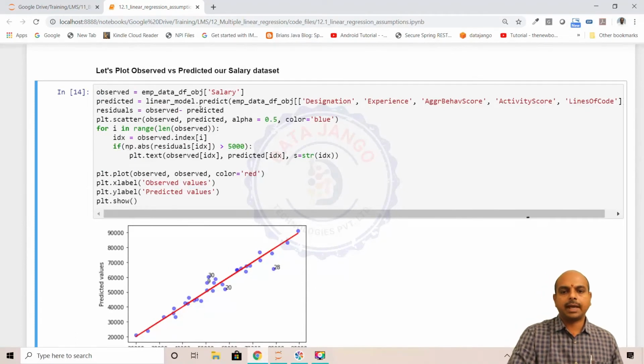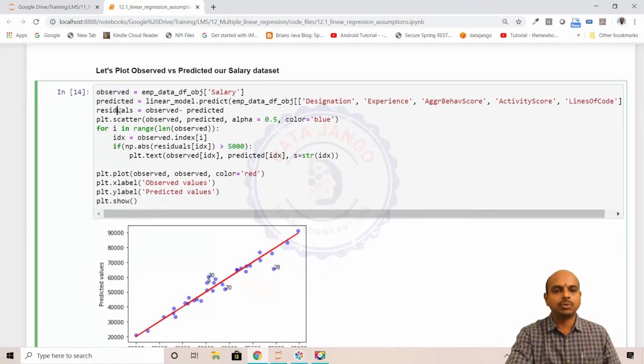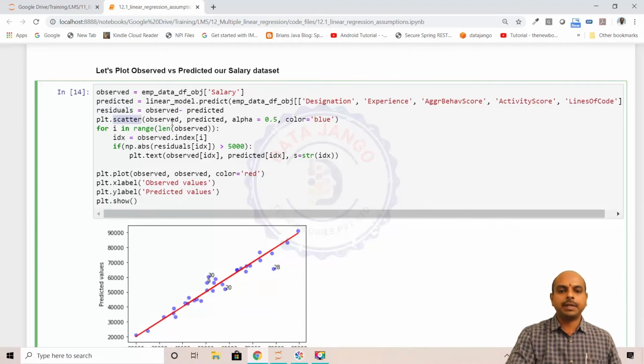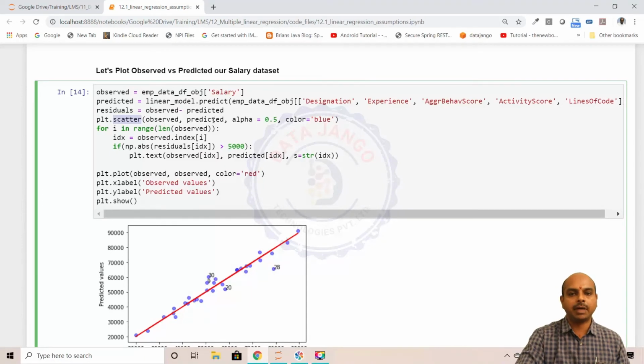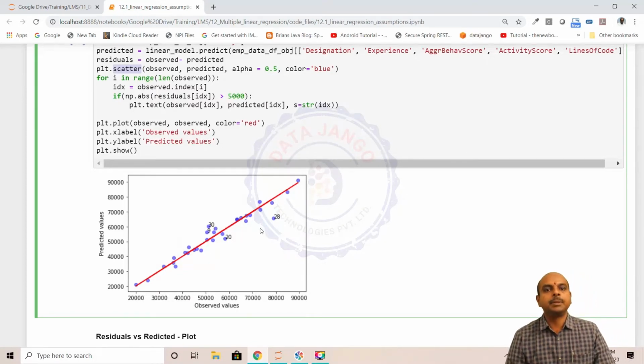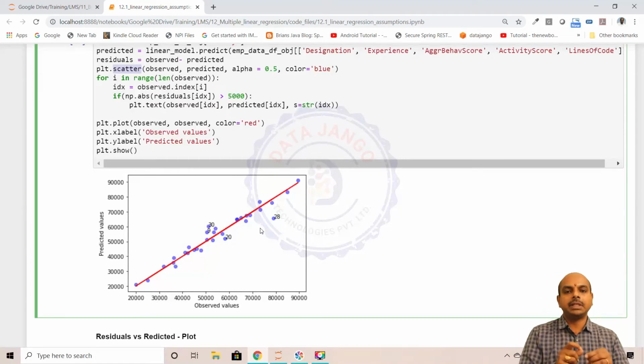Here we have the observed values and the predicted values, and we calculated the residuals, and then did a scatter plot between the observed value and the predicted value. On the x-axis we have taken the observed value, and on the y-axis the predicted value, and we are plotting the dots. If the dots are forming a straight line, that means what? The observed value and predicted value are in line with each other.